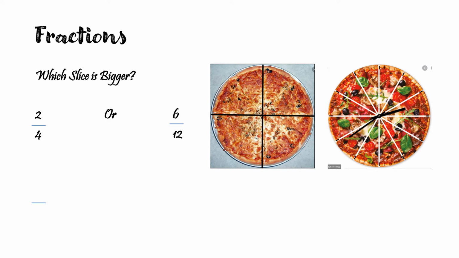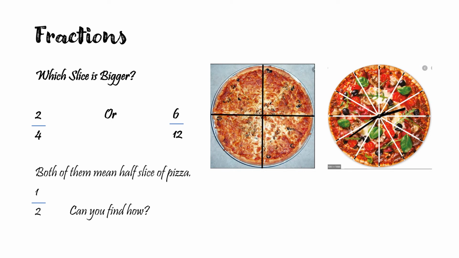Which number is bigger? Actually, both of them mean half slice of pizza. 2 by 4 means 1 by 2. 6 by 12 means 1 by 2. Can you find how?